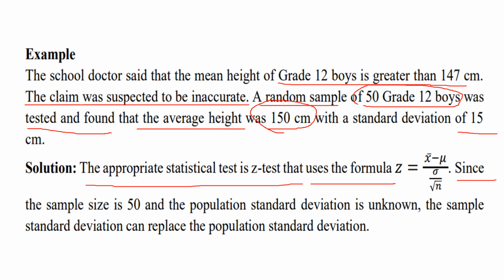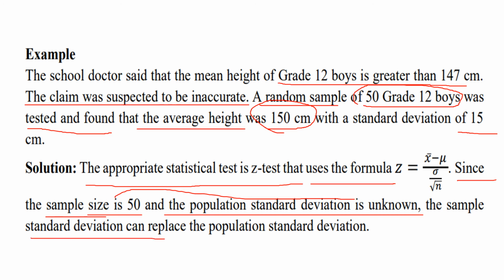Since the sample size is 50 and the population standard deviation is unknown, so these two indicators here, your sample size is large and your population standard deviation is unknown, the sample standard deviation can replace the population standard deviation.